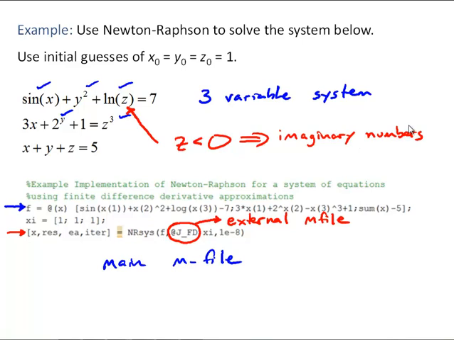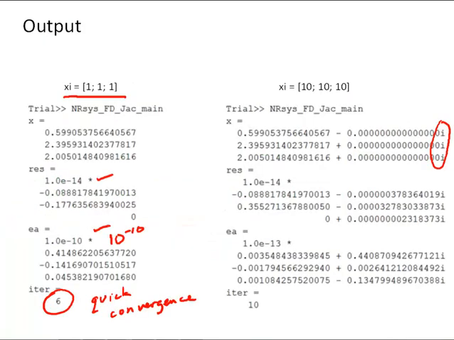But no big deal. MATLAB keeps chugging along. We do have imaginary components to our residual and our approximate relative error values, but that's all very small numbers, and we did eventually converge on the same solution to the system of equations.